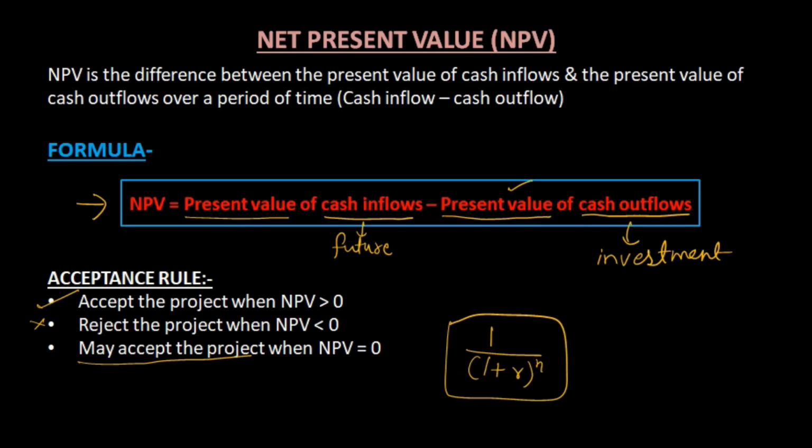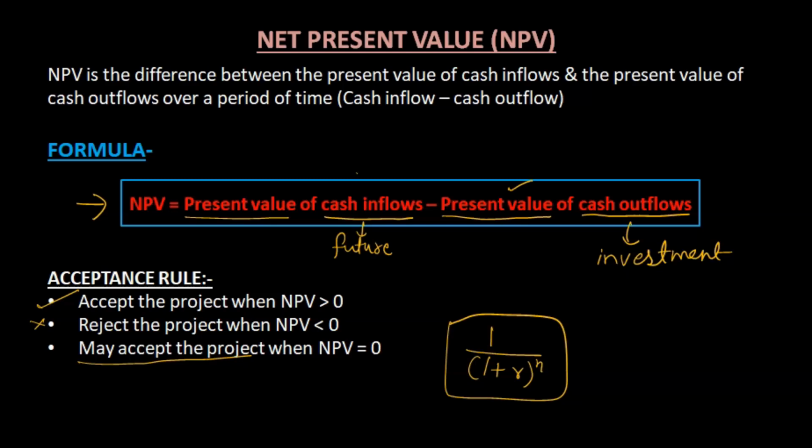When it is greater than 0, it means inflows are more, the amount we receive in the future is more than our investment, so we should accept it. If the amount we receive in the future is less than what we have invested, obviously we should reject this. So this much is the concept about NPV.